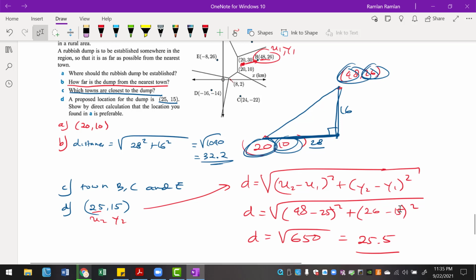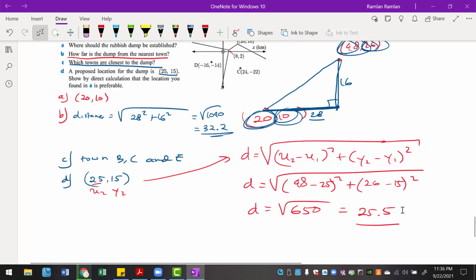If the distance of this proposed point is closer than the previous one, which was 32.2, which is farther than this one, then we cannot accept this one because it's closer to one town, which is B, right?